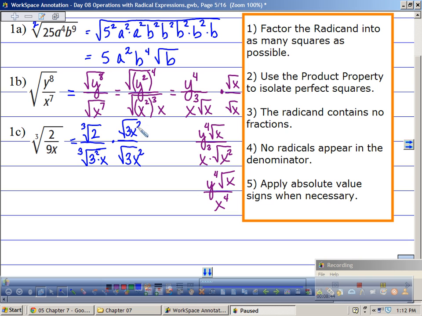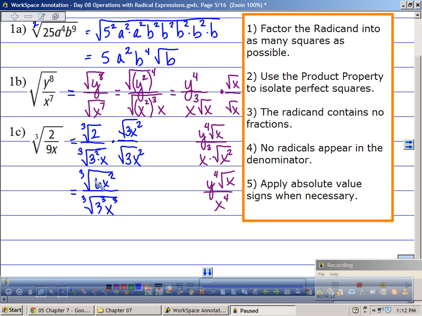See how that was done? Now I have, let's do the denominator first, yeah? Now I have, these are cubed roots, I have 3 3's and 3 x's. See that? 3 3's, 3 x's. What do I have in the numerator when you multiply both of those? 6x squared.